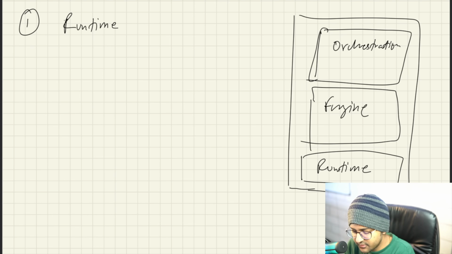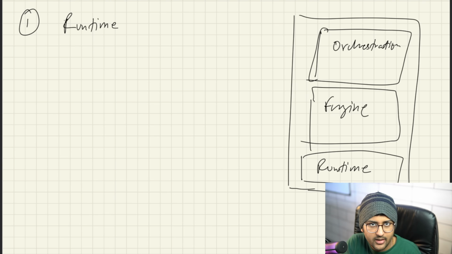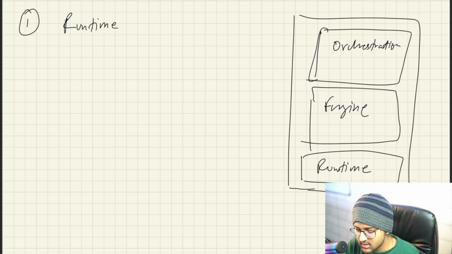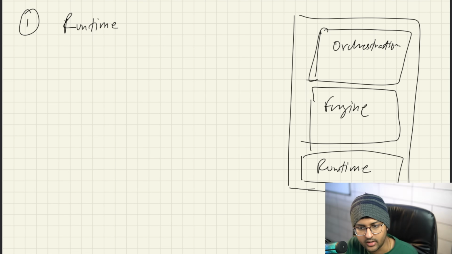So what is the use of the runtime? Runtime basically allows us to start and stop containers. All the things you need to make, and it basically allows us to start the container, stop the container.